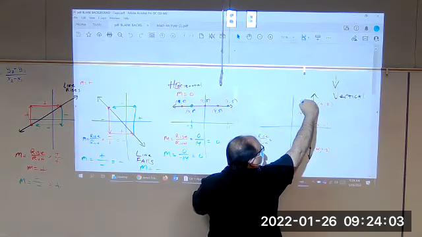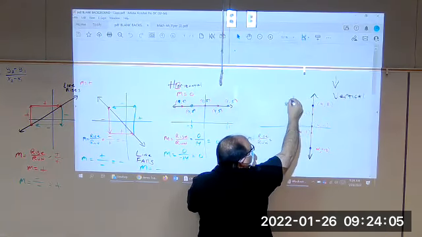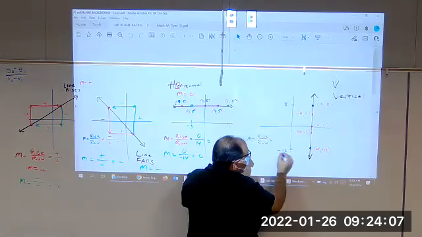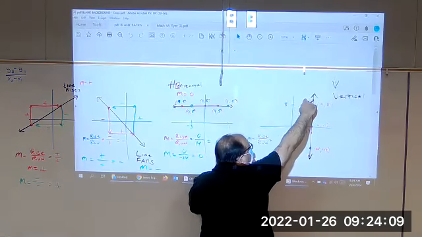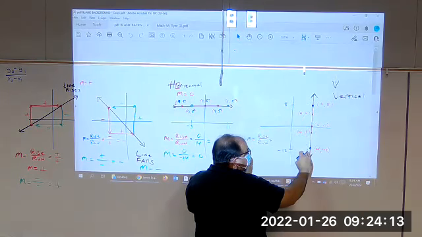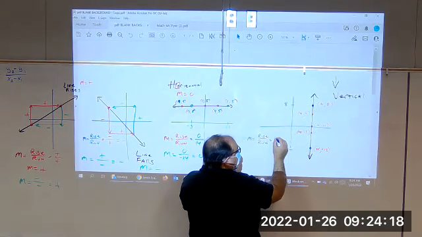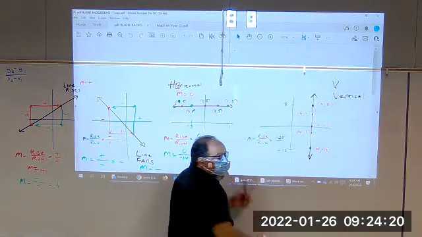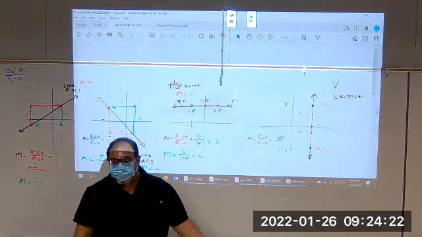So from this point up here at 8, all the way down to a -12. And we're going to go down. So what is that rise? What's the change in y? -20, because you went down. Now, if you went up, it'd be +20. That's just a matter of direction.